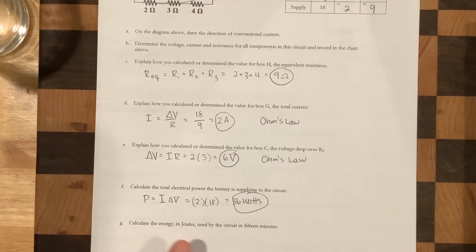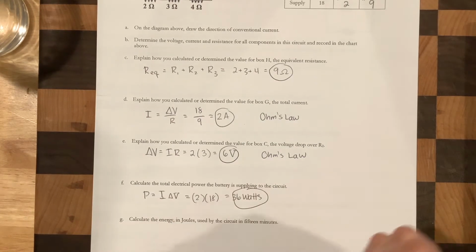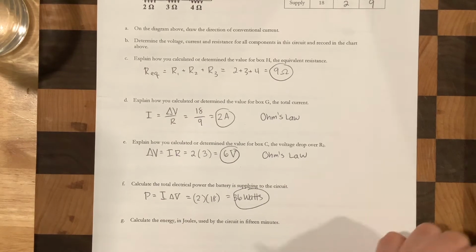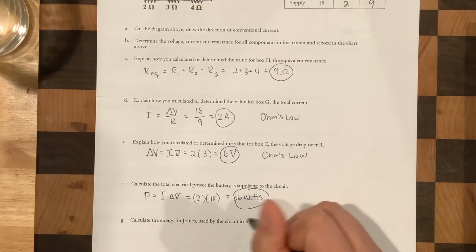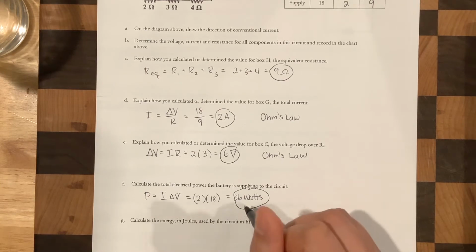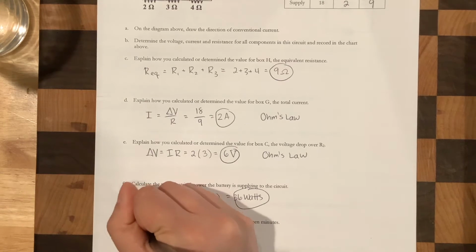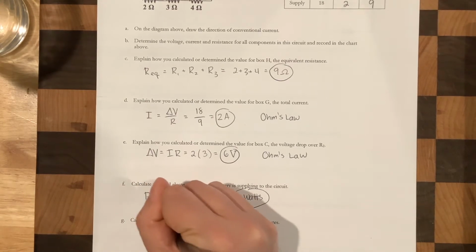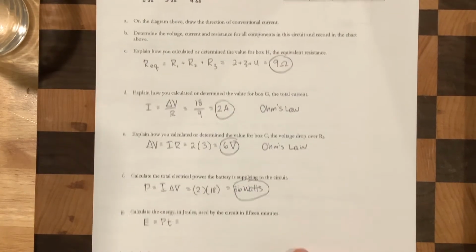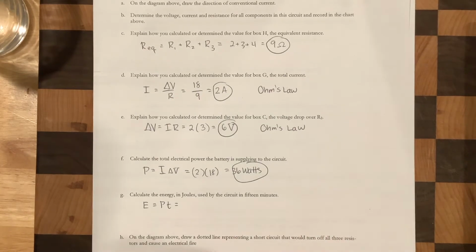Now, the energy in joules in 15 minutes. Remember that a watt is a joule per second. So if there are 15 minutes worth of seconds, I'd be doing 36 times 15 minutes worth of seconds. That's where my power equation versus energy comes from. Energy is power times time.